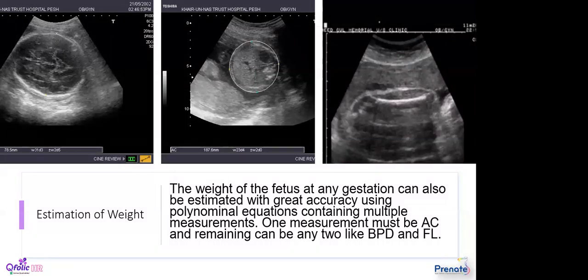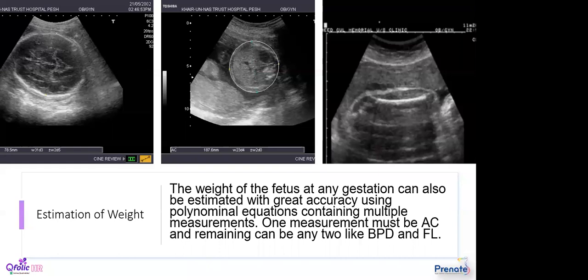The weight of the baby at any gestation can also be estimated with great accuracy by using a polynomial equation containing multiple measurements. Equations are fed in the ultrasound machine. We have to take measurements, and one of the most important is the abdominal circumference.